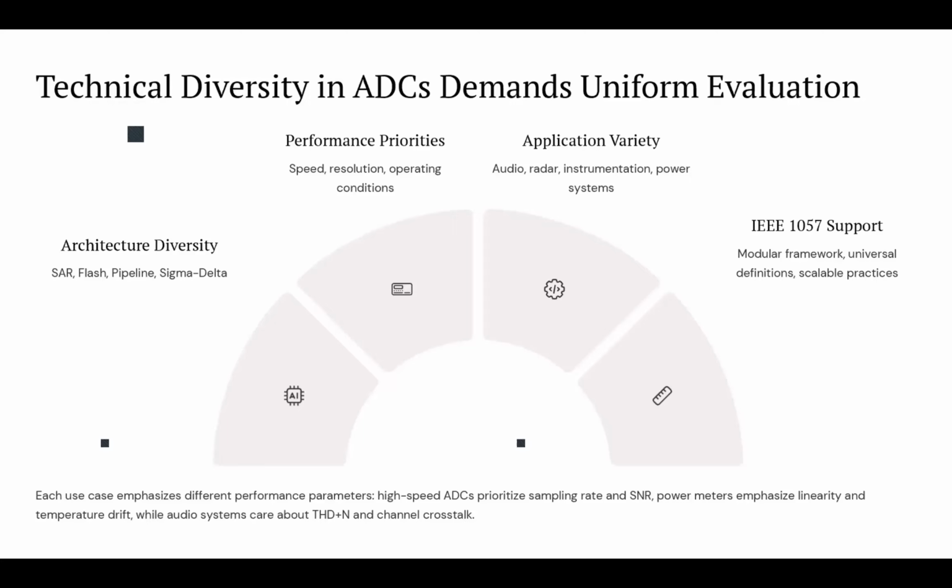This approach gives us a uniform evaluation process, so we can meet all the parameters that are important. But for each specific architecture or application, we might have to emphasize parameters number 1, 3, and 5, while parameter number 2 is not important for us. So when we test, we focus on those parameters. But the overall process is universal.